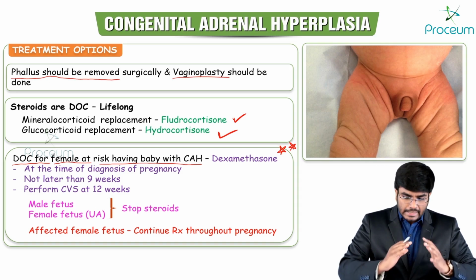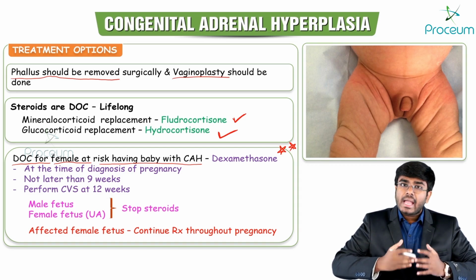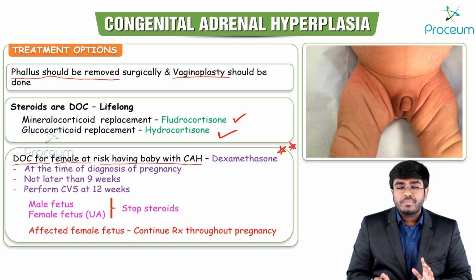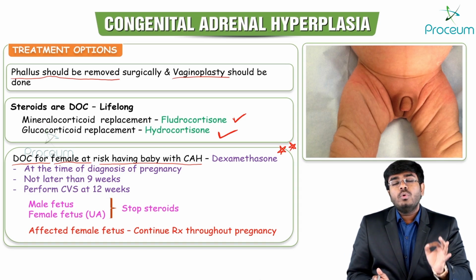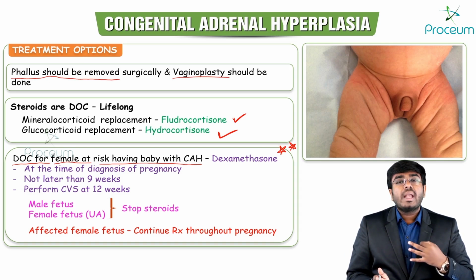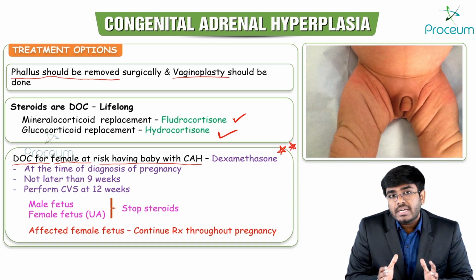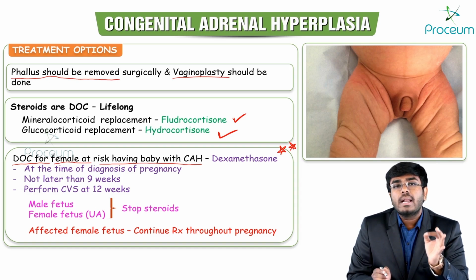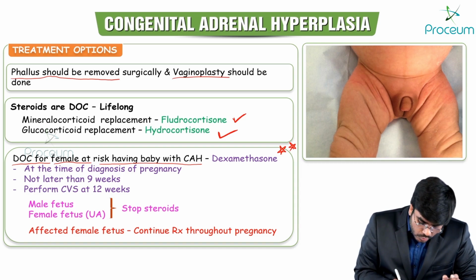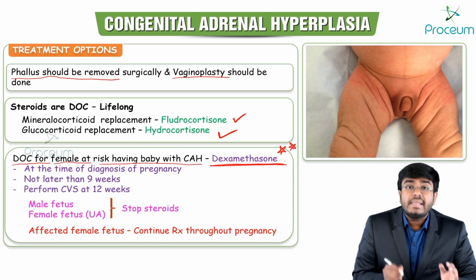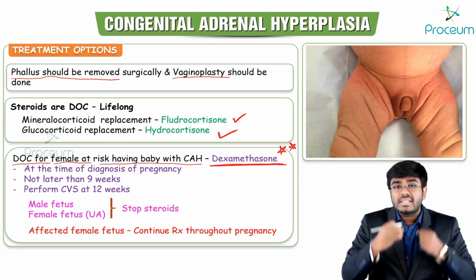What we are doing, immediately at the time of diagnosis of the new pregnancy, we are going to keep this female who is at risk of giving birth to a female with congenital adrenal hyperplasia on dexamethasone. We are going to give dexamethasone to this mother.